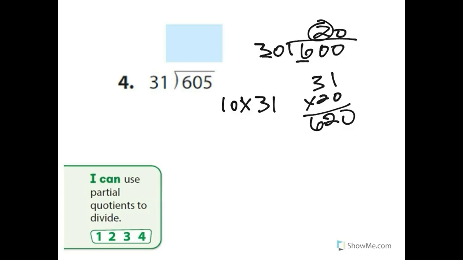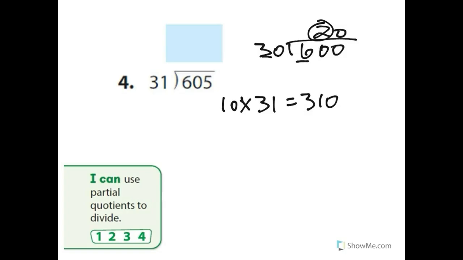On number 3 I did 93, but remember, in our commutative property, you can do it either way. So 10 times 31, let me erase this over here. 10 times 31 is going to be 310, right? I want you to go ahead and finish that out, and then we will go over it.